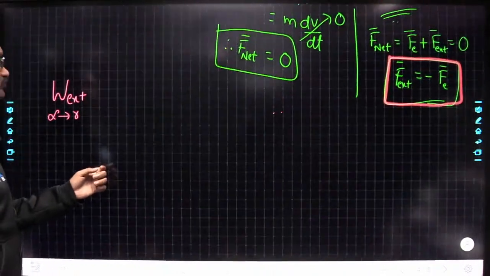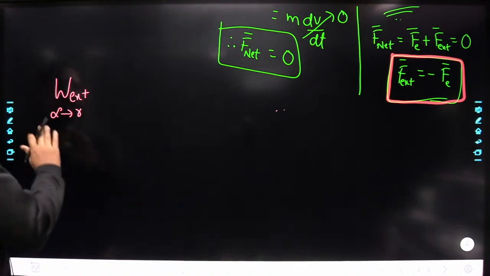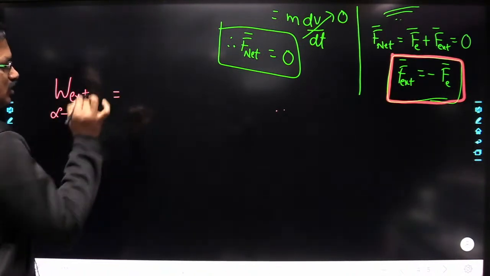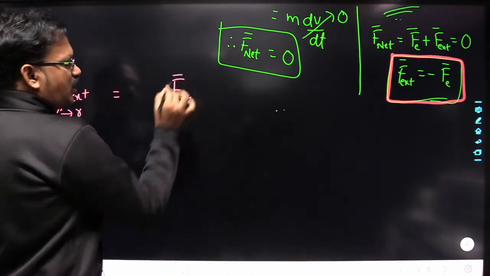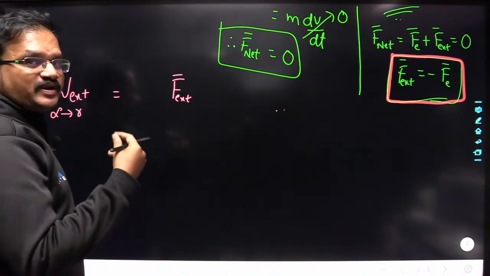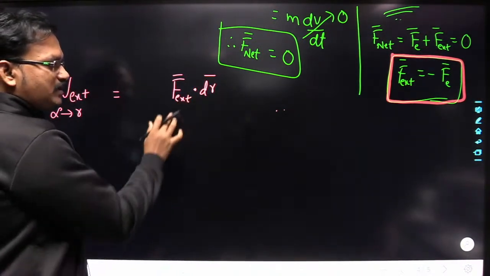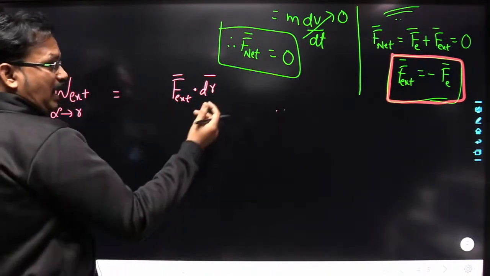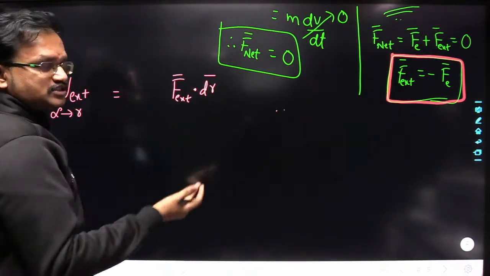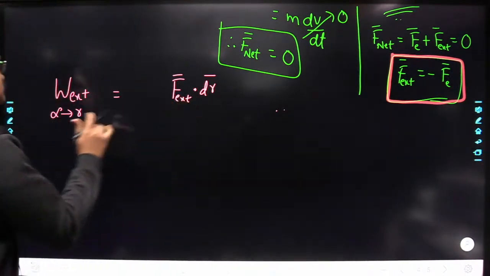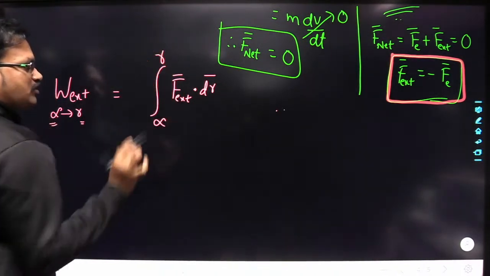Now, the work done by the external agent in moving the charge from infinity to r: the force applied by the external agent is nothing but F external. Let us say you move the charge over a small differential displacement dr bar. Then the work done is F external dot dr bar. This is the work done by the external agent to move the charge against the field over a small differential displacement dr bar. If you want to determine the work done in moving the charge from infinity to r, you have to integrate from infinity to r.